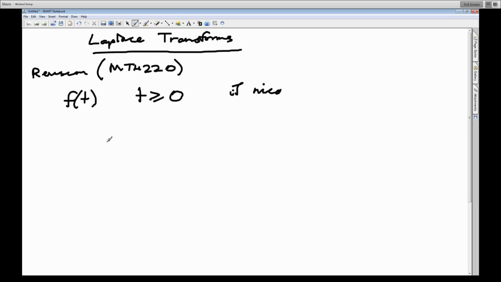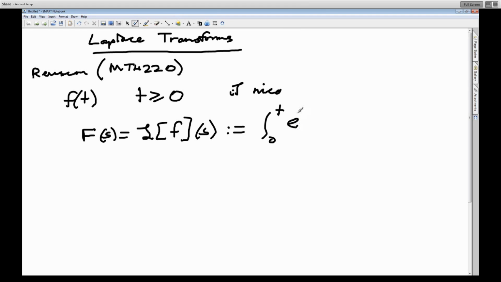We call it F of s, the Laplace transform of this function f, for a particular variable s, and we define it to be the integral from 0 to infinity of e to the minus st f of t dt. That's the definition.